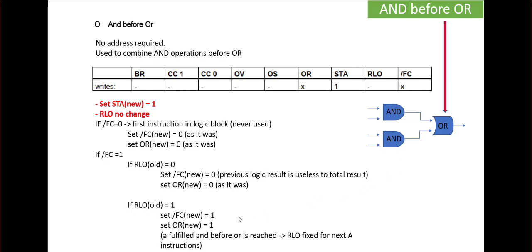What it will actually do is that it will set the first check bit to 1 and set the OR bit to 1. And this means that we will move to the final state, or the final case, for all the AND operations that come after that OR instruction.